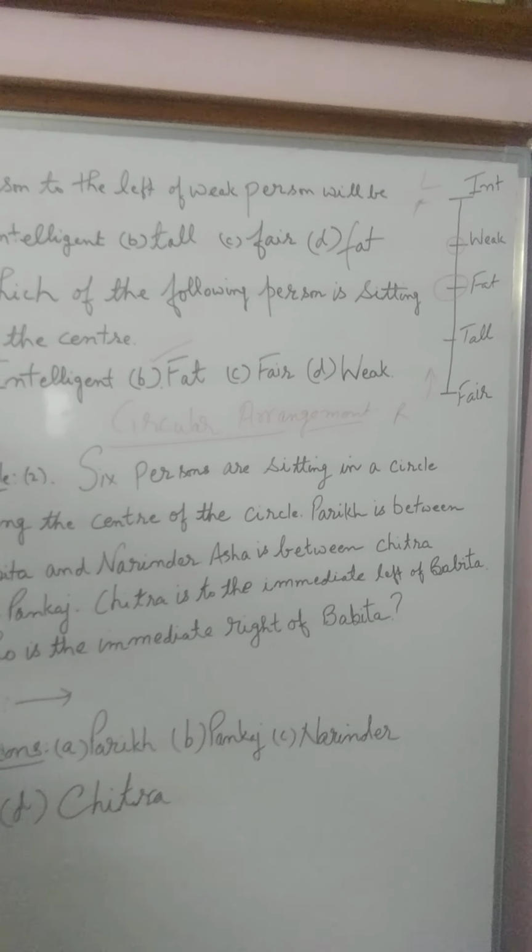Now in circular arrangement, let us look at this question which I have taken as example number 2. Six persons are sitting in a circle. So the total number of persons is 6 and they are facing the center of the circle.